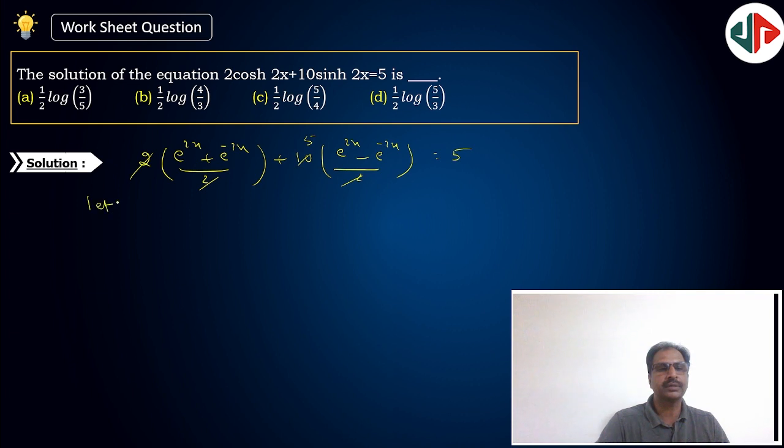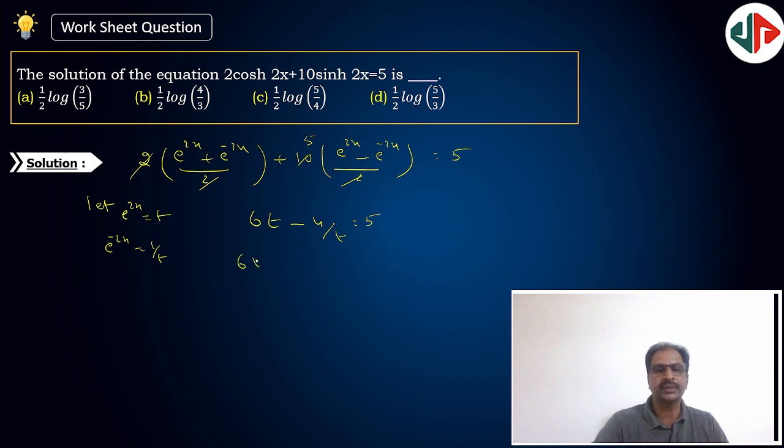Now let us take e power 2x as some t. Therefore, the given equation becomes 6 e power 2x plus 4 e power minus 2x. Wait, e power minus 2x will be 1 by t. So 6t minus 4 by t is equal to 5.